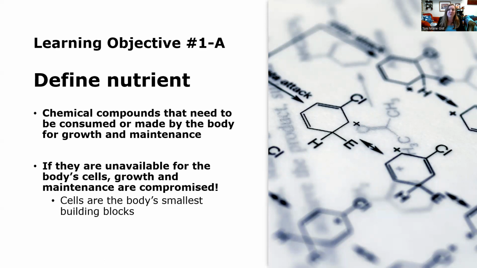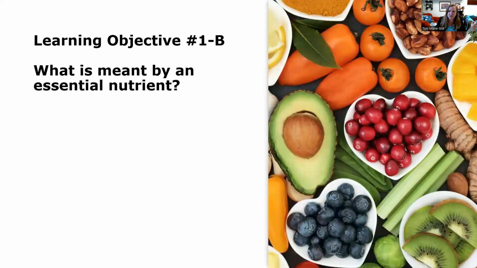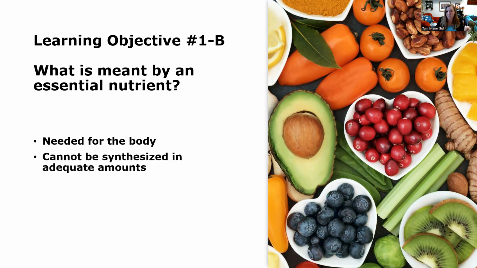As we continue on and discuss what is meant by an essential nutrient, the thing that's different from just a nutrient is that term essential. Like we mentioned before, nutrients are needed for the body, but an essential nutrient cannot be synthesized in adequate amounts.